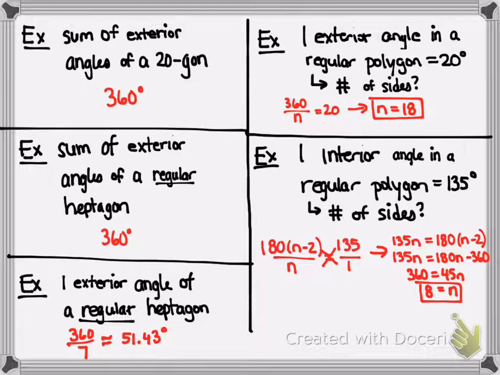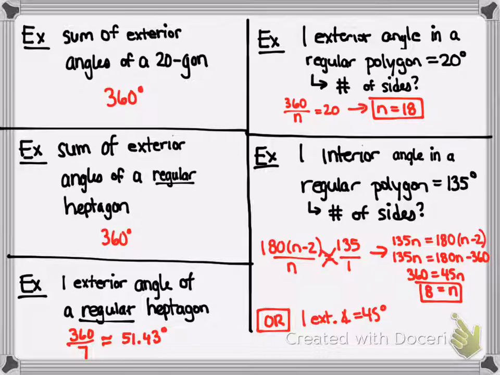But there's an easier way. Think about how you could use what we talked about with the exterior angles. Interior and exterior angles are supplementary, which means they add up to 180 degrees. So if the interior angle is 135 degrees, the exterior angle is 45 degrees.